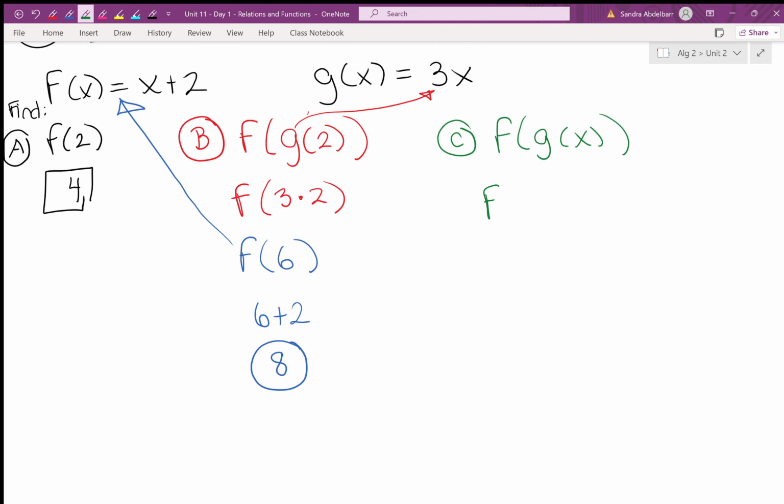Well, what's g of x equal to? 3x. So now I'm going to have, instead of g of x, 3x. Now what is it saying? F of 3x. So now I'm going to the f of x function, and wherever I see x, what am I substituting in? 3x. So this ends up becoming 3x plus 2. I want you guys to try this next one on your own.